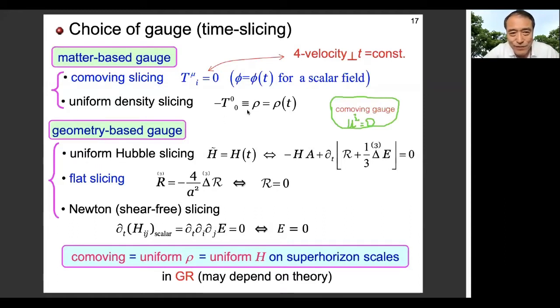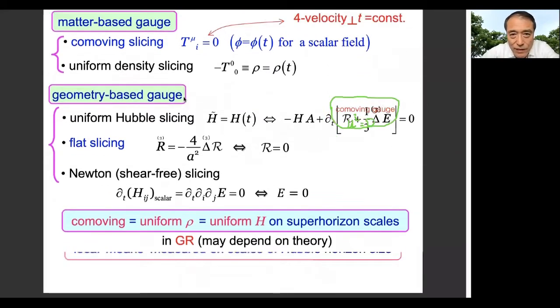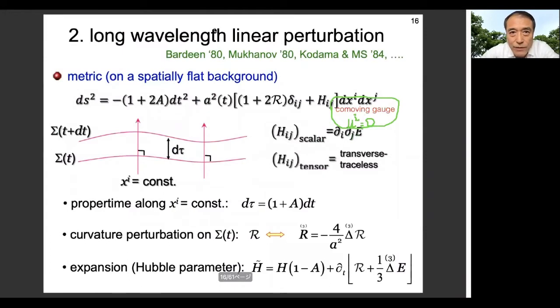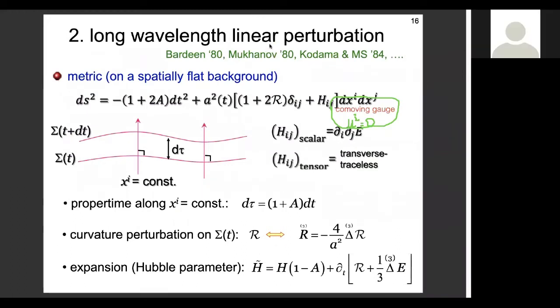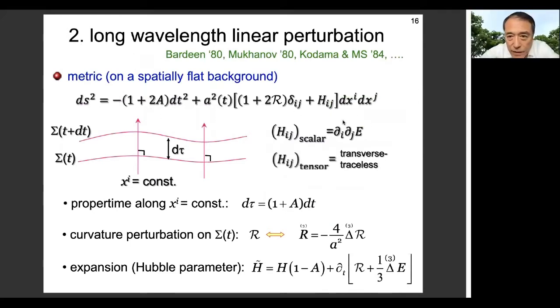Also be careful to differentiate the meaning of density perturbation from all these gauge choices. What we are dealing with here is the so-called scalar type perturbation, or simply scalar perturbation.